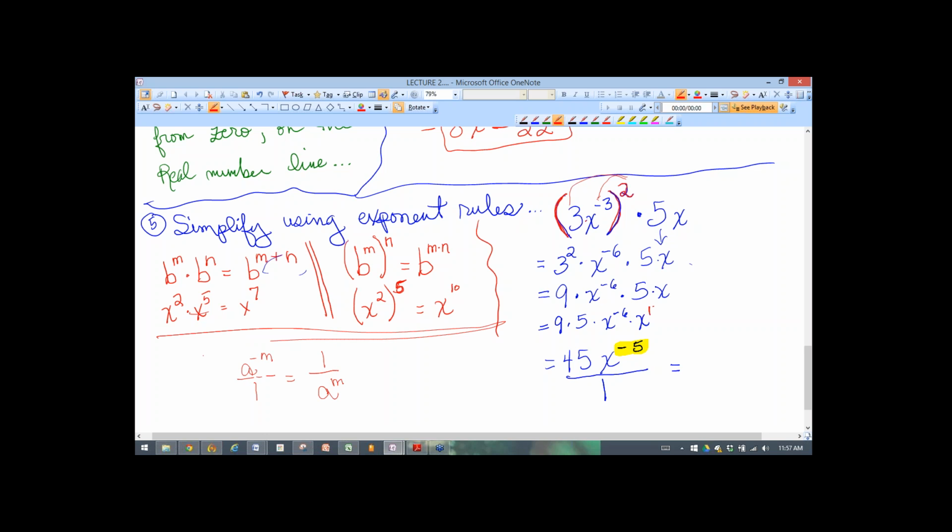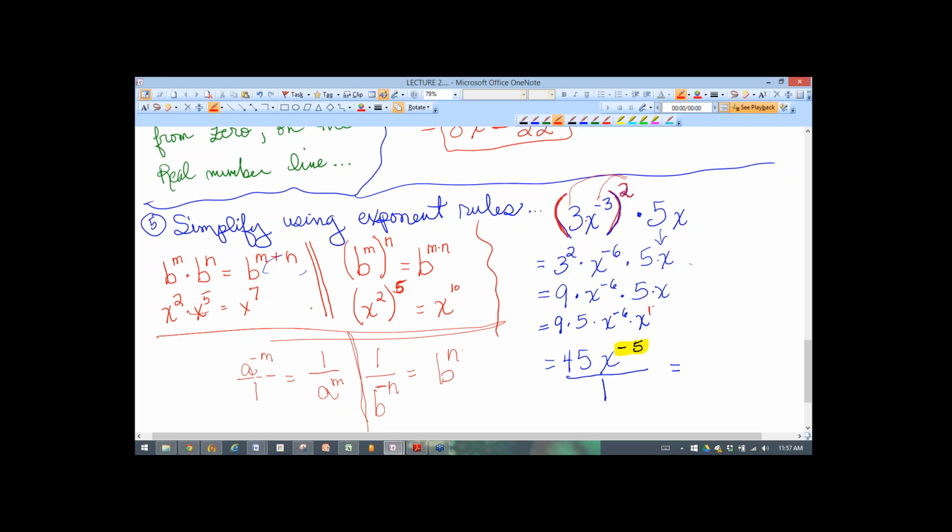And in the other direction, if I had 1 over b to the negative n, I can cross up into the numerator and make b to the positive n.